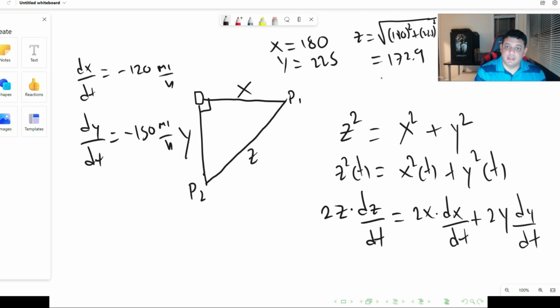Okay? Now, in the same fashion, now that we got x, y, and c, and we have dx/dt and dy/dt, then we can plug the values in here, and we're going to get the value that we need, that is dc/dt.